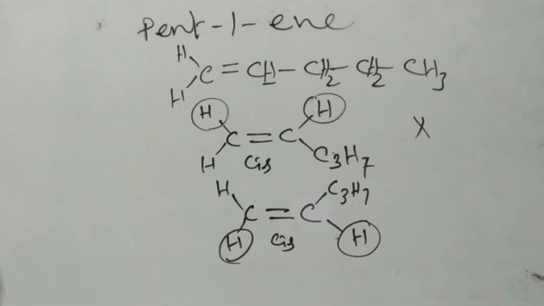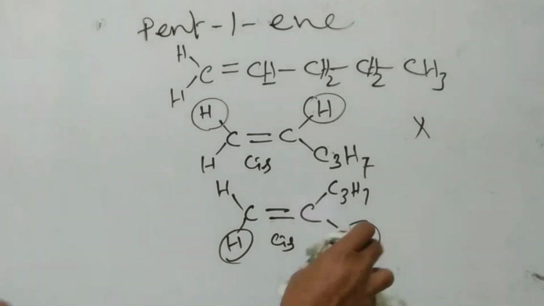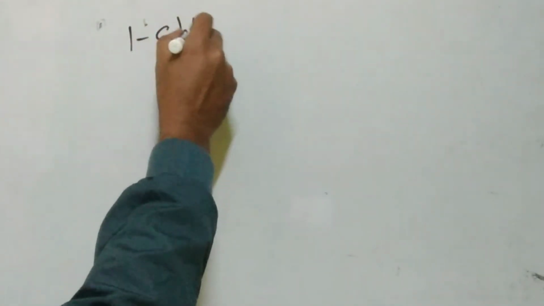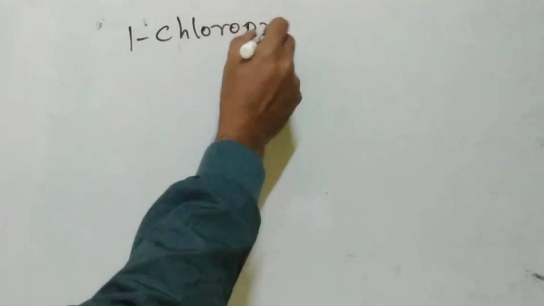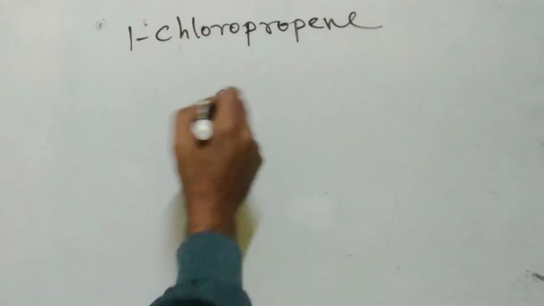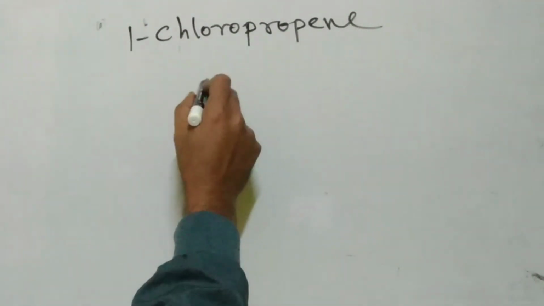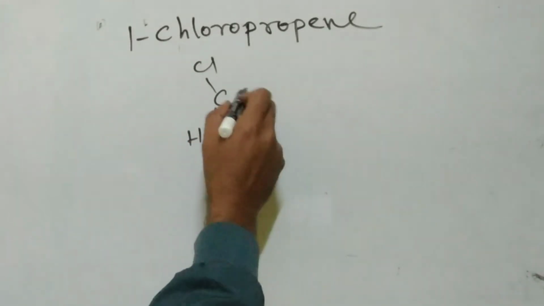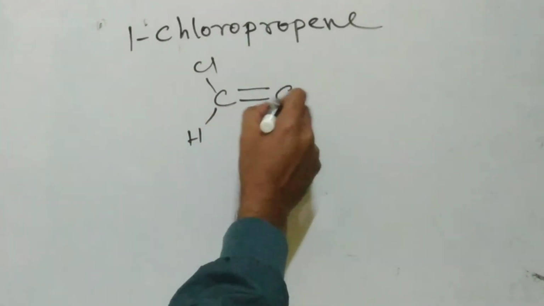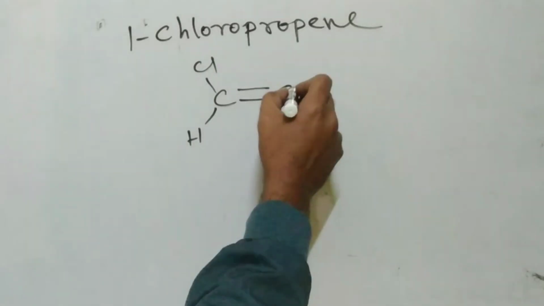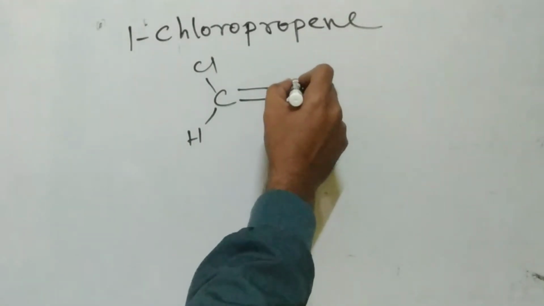Okay, let's check another example. 1-chloropropene. So 1-chloro, 1-propene, actually Cl in one position, hydrogen in double bond C, then other three carbon atoms are there, and here a hydrogen is also present.